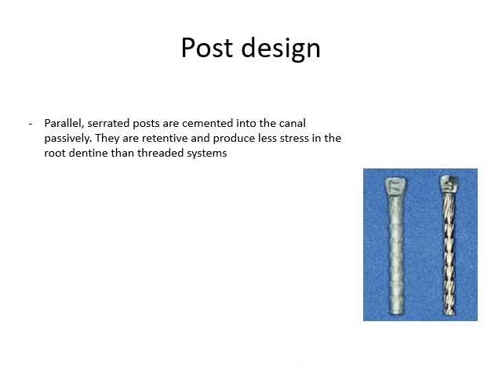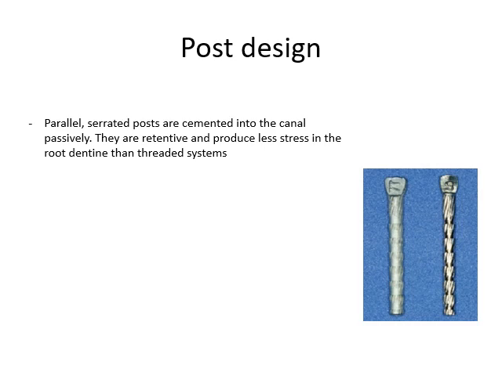Another factor which has to be considered during the application of the post is the post design. Post crown can be serrated, smooth, threaded, or parallel-sided or tapered. Among them, parallel-sided posts are more retentive than the tapered ones, while threaded posts are more retentive than the cemented one, but cause more stress.